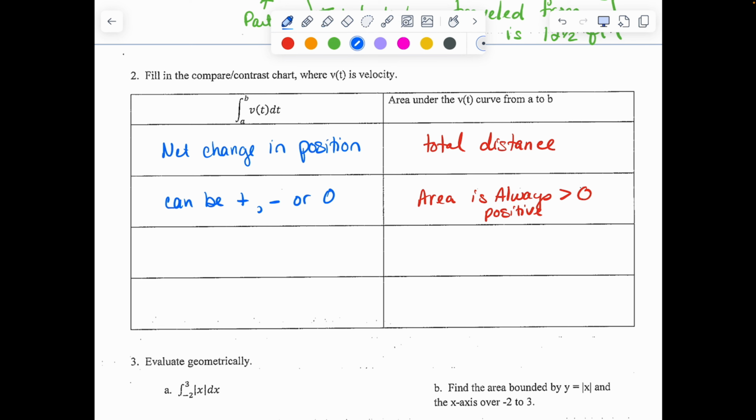Any other comparisons you guys notice we want to add? No? I might put area under the x-axis is negative.